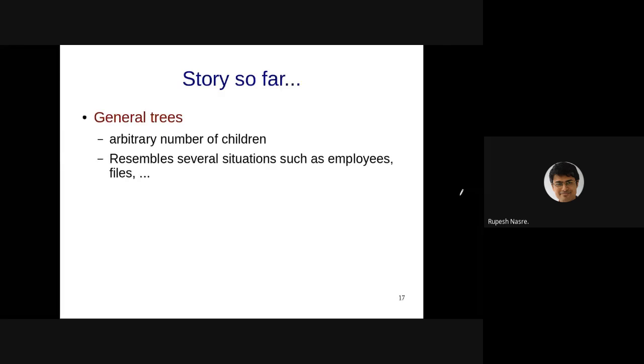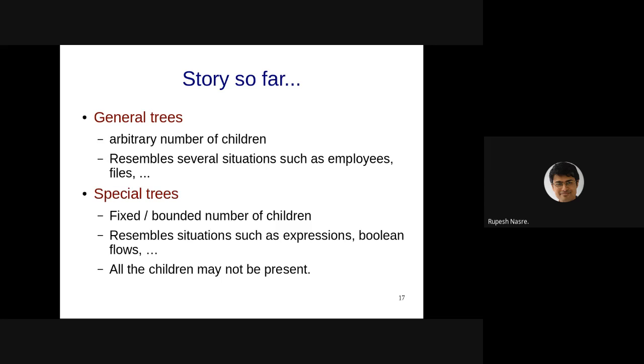So far we talked about general trees, which means that each node can have an arbitrary number of children, which many applications have a requirement for. But then there are special trees which have a fixed or bounded number of children, maybe bounded by k. Those are called k-ary trees, which also resemble several situations in real life.